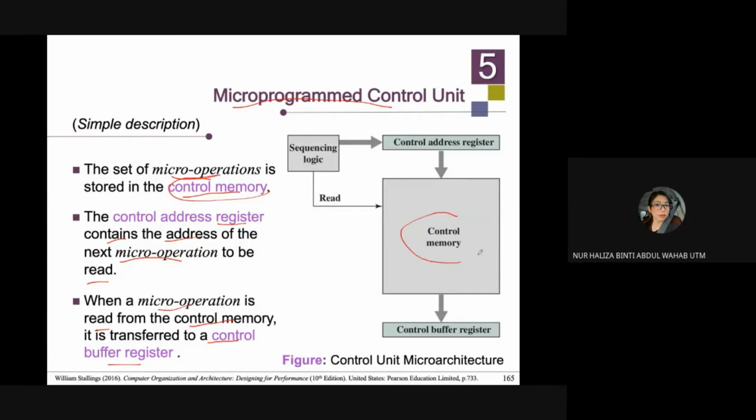This is your control memory, and your control address register is put here so that you know the next micro operation you're going to instruct. After your micro operation is read, you do operation 1, operation 2, operation 3, and transfer it to your control buffer register. That is the architecture of your control unit micro architecture.